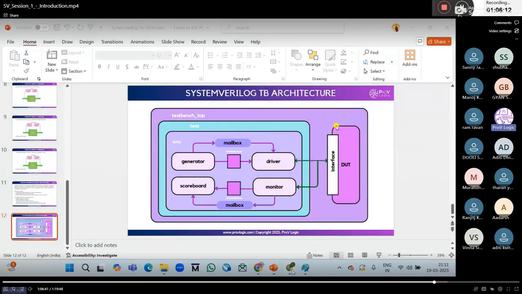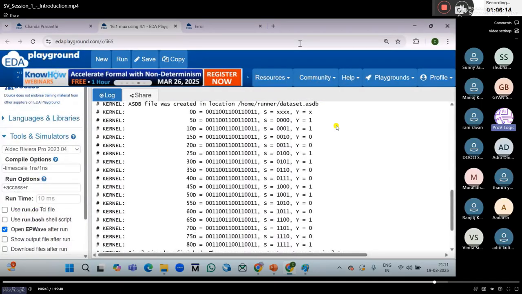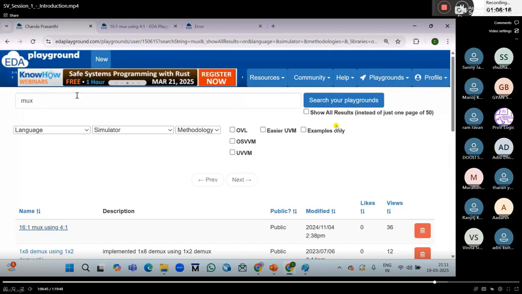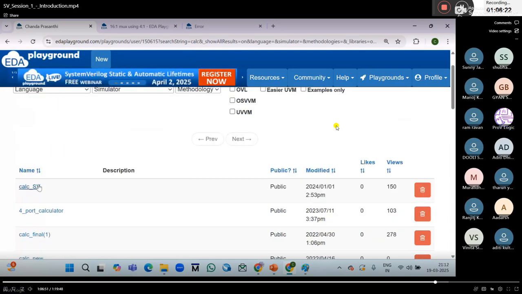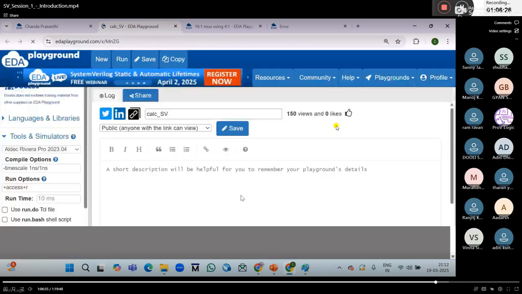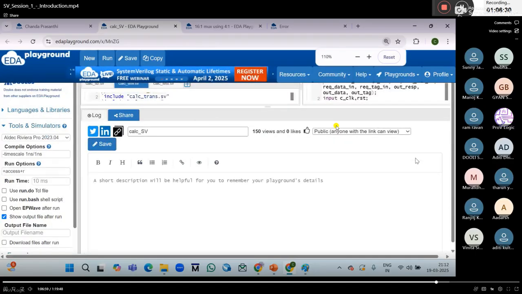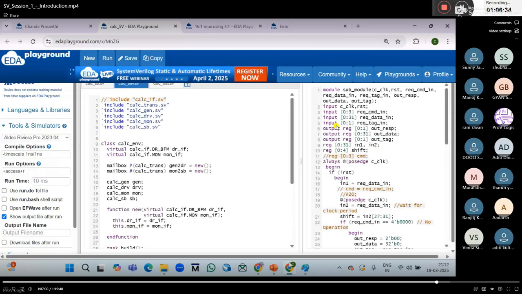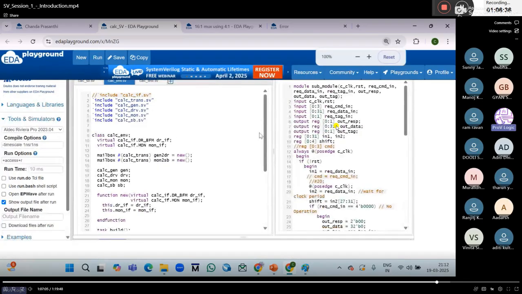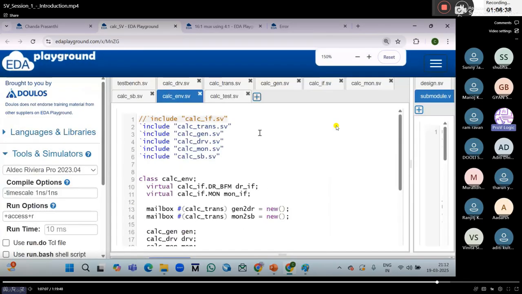Now we will see how to write a program. Overall, I will just give an idea. Suppose the right side one is a design program.